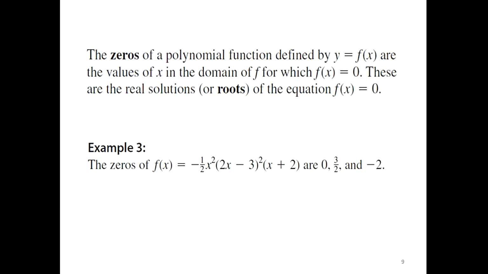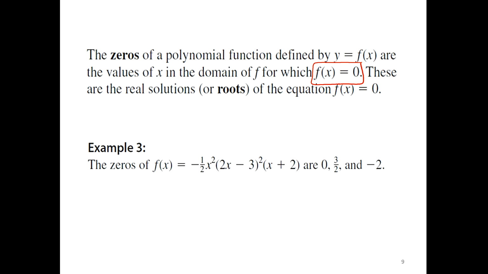The zeros of a polynomial function. Zeros of a polynomial function, defined by, for example, y or f of x, means finding the value of x that makes f of x equal 0. This is the zeros of the function f of x.